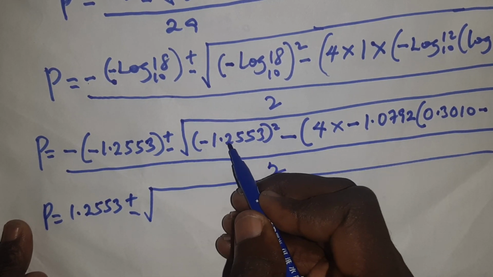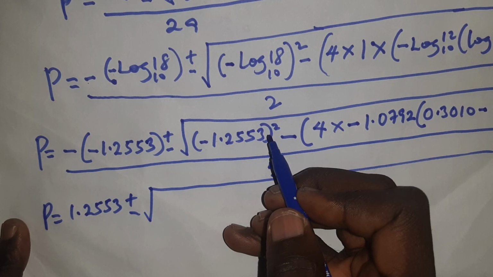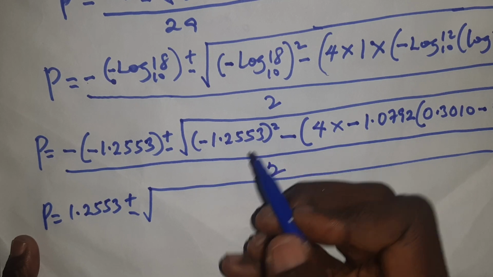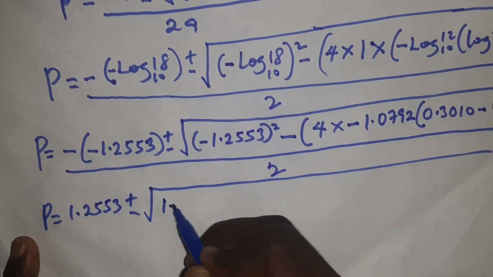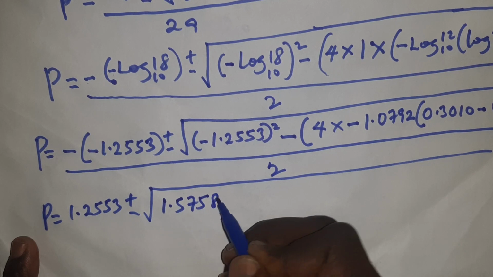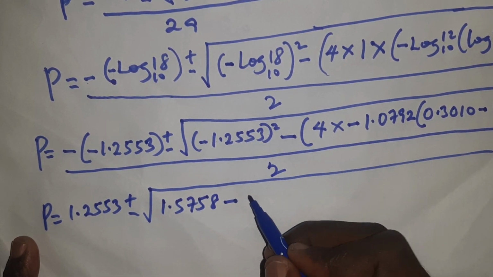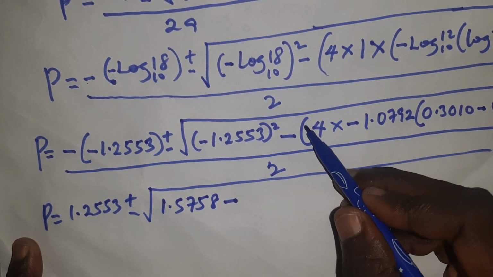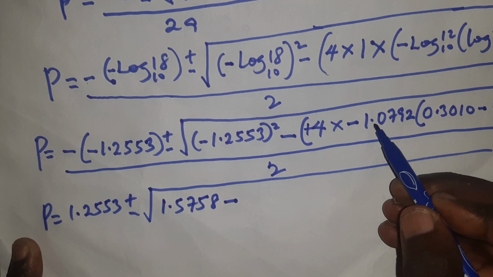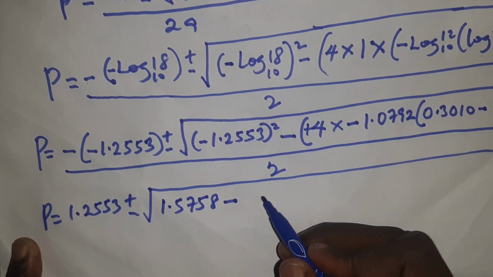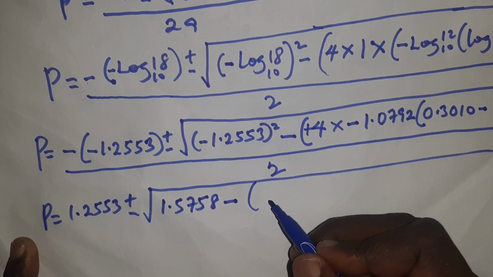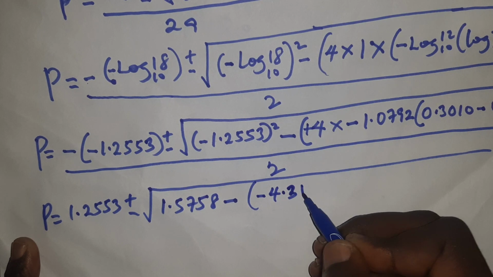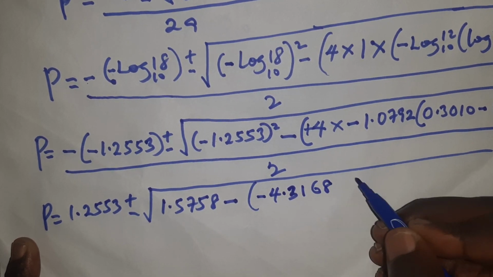So minus 1.2553 raised to power 2 will definitely give me 1.5758 if you use your calculator, minus, I have 4 times, there's a plus sign here, so plus 4 times minus 1.0792, that is going to give me minus 4.3168, then open bracket.